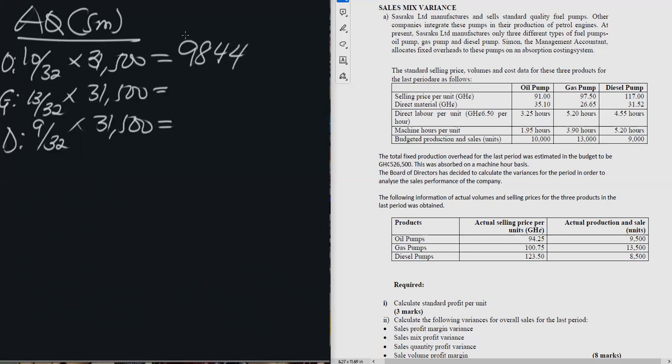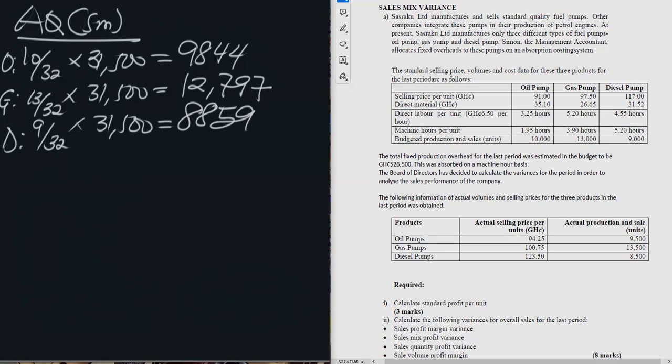I'm just rounding off, right? 31,500 by 13 over 32, you end up with 12,797. And then the last one, 9 over 32 times 31,500, you end up with 8,859. I've just rounded off, though we are not supposed to round off. So we've got all the variables we need.